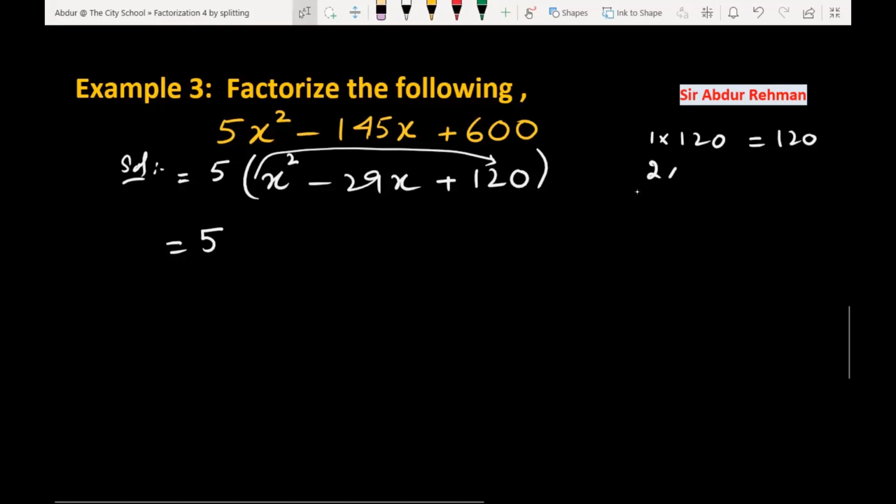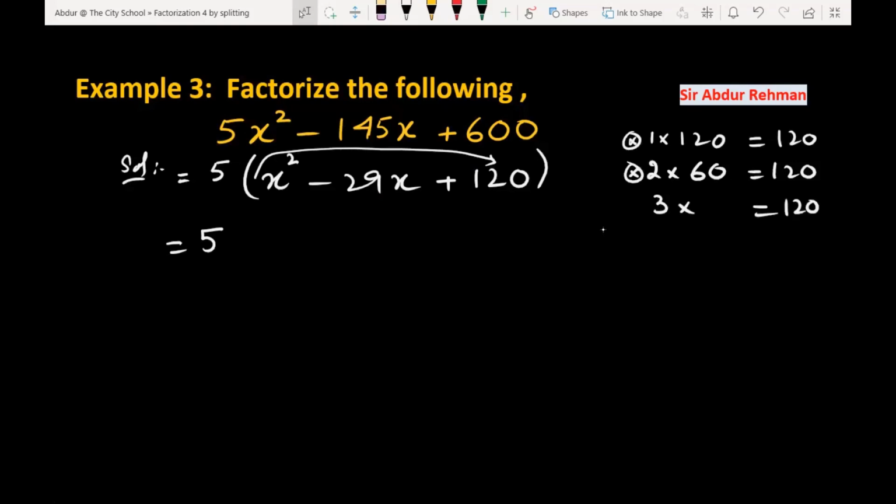2 times what is 120? 2 times 60 is 120, but check. We need 29, but 60 plus 2 is 62, and 60 minus 2 is 58. So it will be rejected. Now 3 times 40 is 120 here.